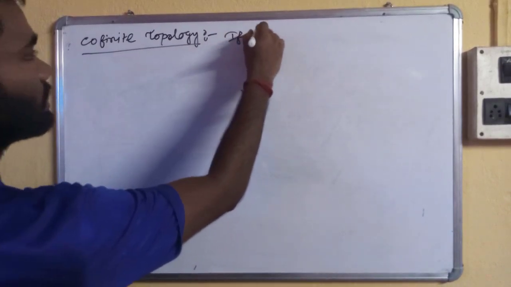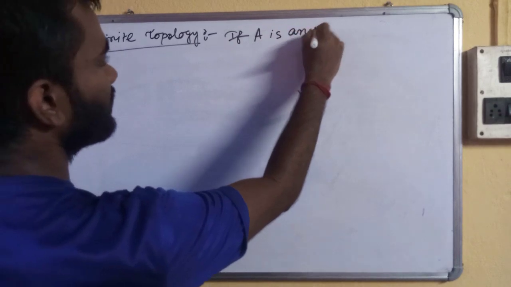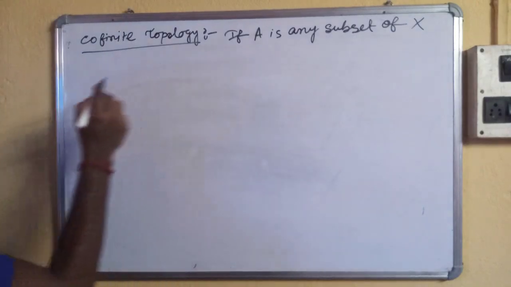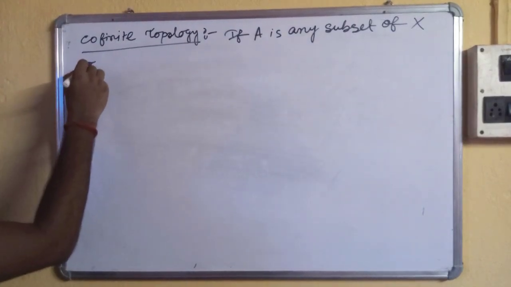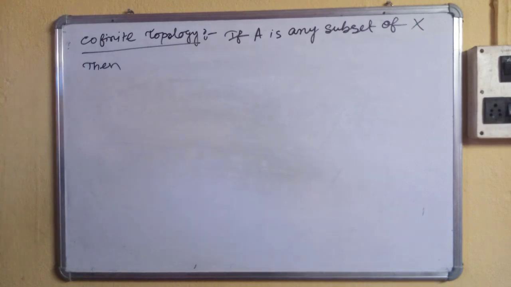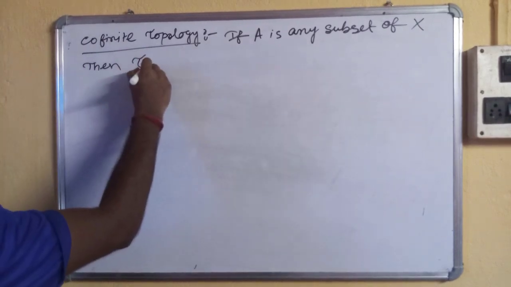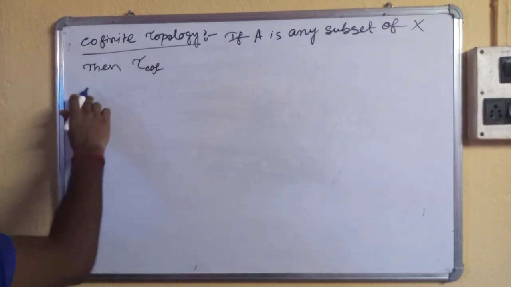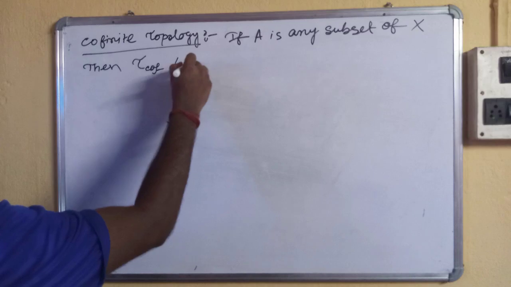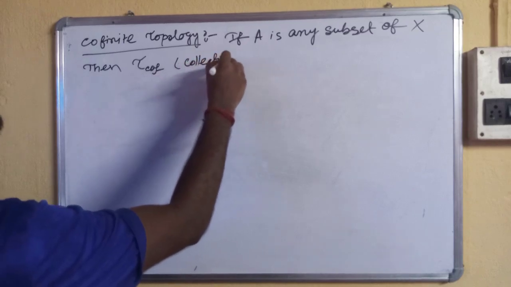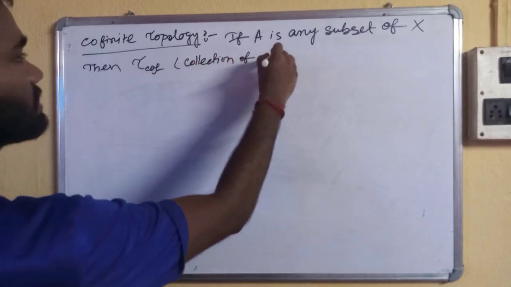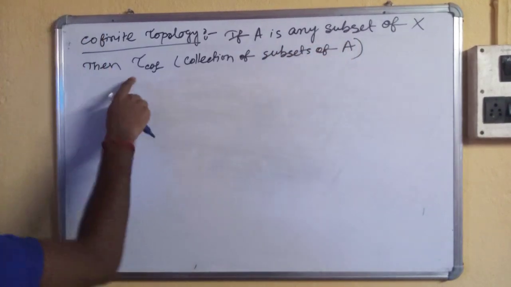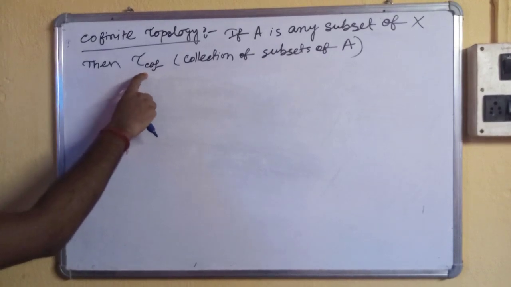If A is any subset of x, then tau cof, which is the collection of subsets of A, is a topology.